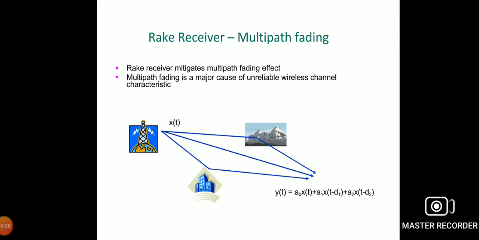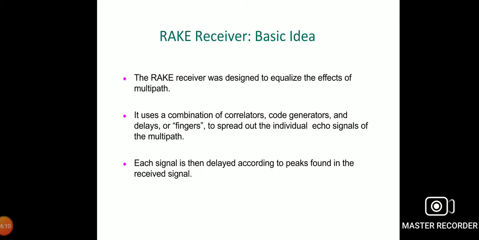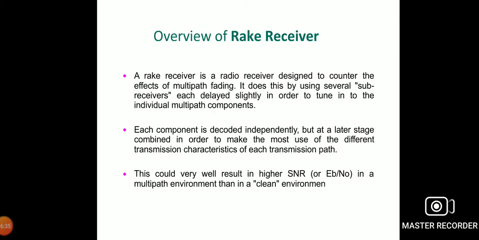Now we can move to the rake receiver basic ideas. The rake receiver was designed to equalize the effects of multipath. It uses a combination of correlators, code generators and delays or fingers to separate out the individual echo signals of the multipath. Each signal is then delayed according to the peak found in the received signal level. Also, an overview of the rake receiver: it is a radio receiver designed to counter the effect of multipath fading.